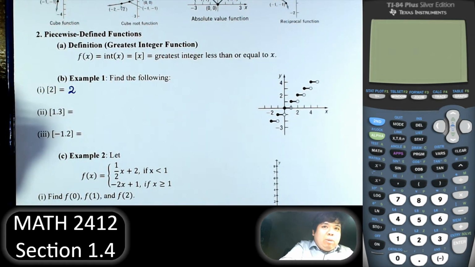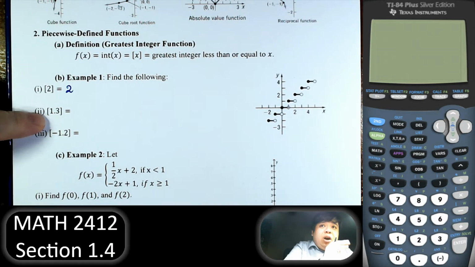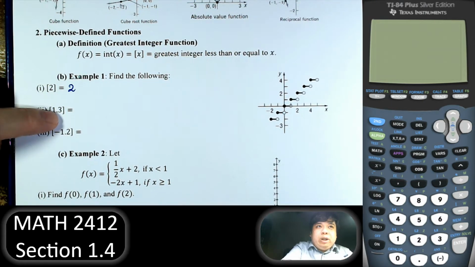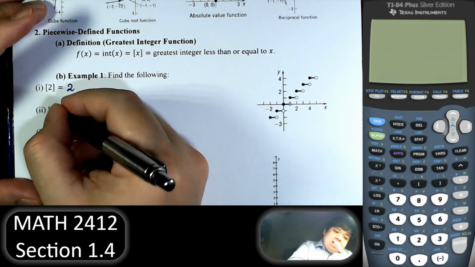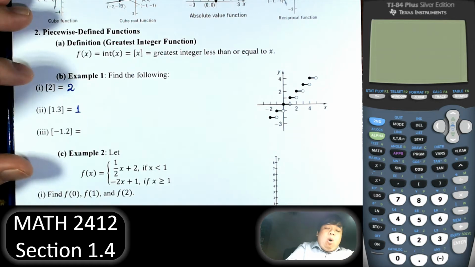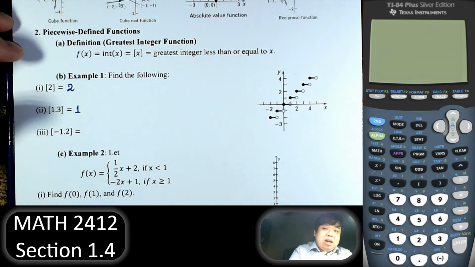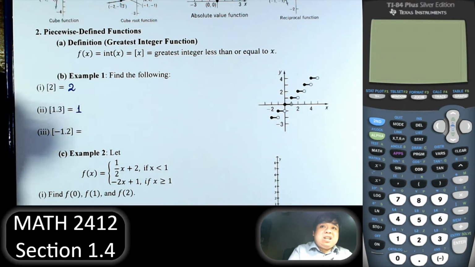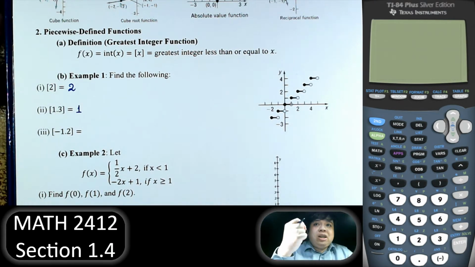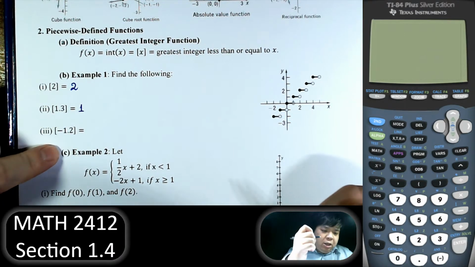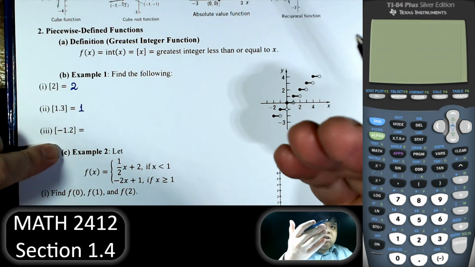Next, 1.3. The greatest integer less than or equal to 1.3 is 1. Of course 0 is also less than 1.3, but 0 is less than 1, so we take the greatest integer that is less than or equal to the number we have here. So this is not a rounding function.